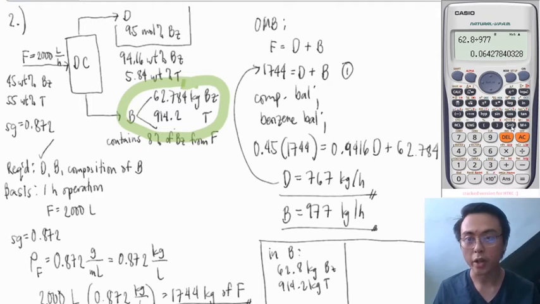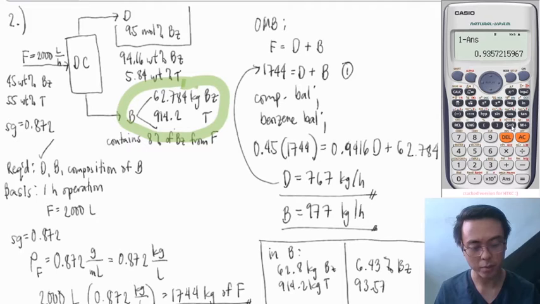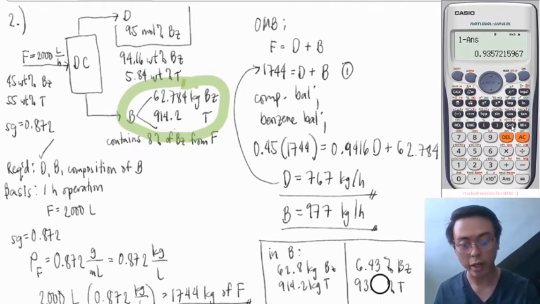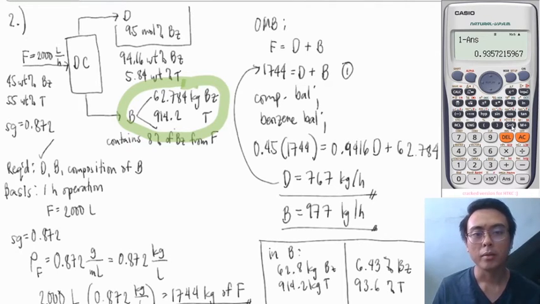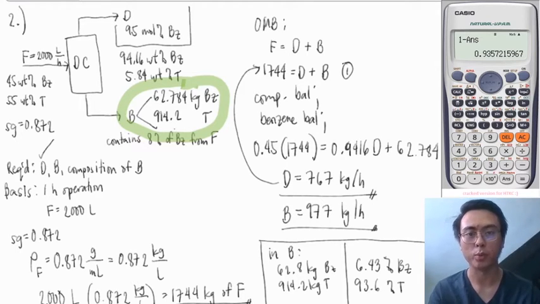That is 6.43%, three significant figures. And then for toluene, you simply subtract that from 100 or 1 because this is mass fractions. For toluene, you have 93.57% toluene. Significant figures, 93.6. So we are done with problem number 2.